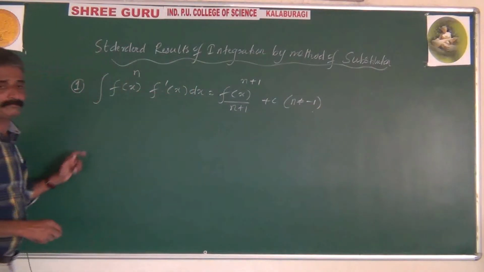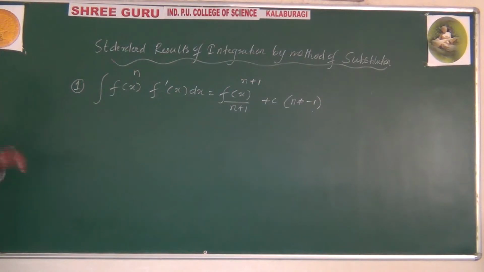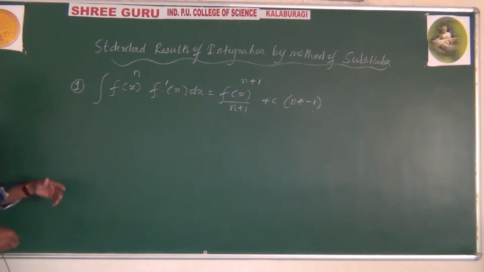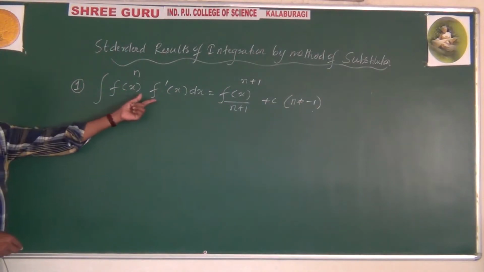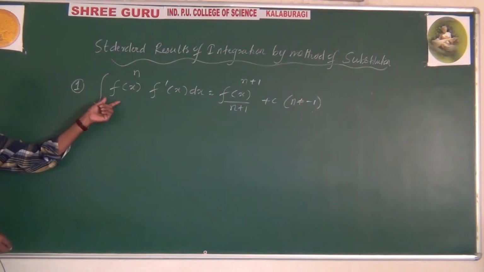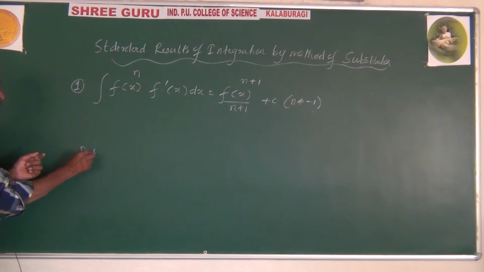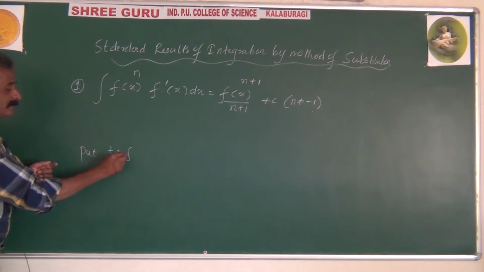Let us see how this result is obtained. Because f dash of x is the derivative of f of x, we put t equal to f of x.